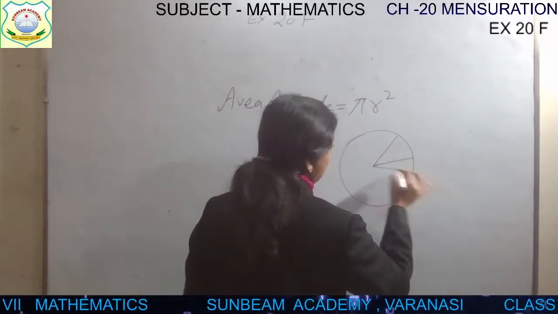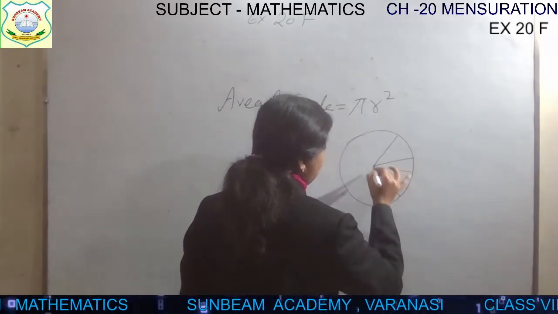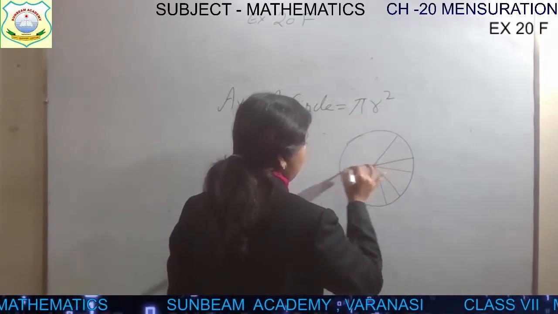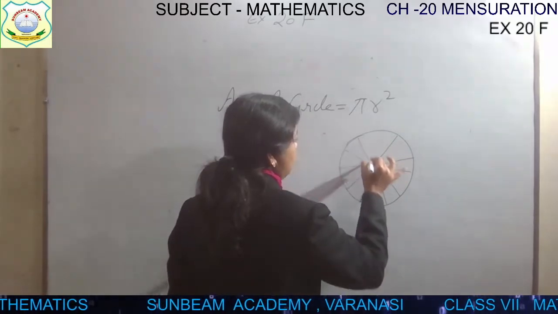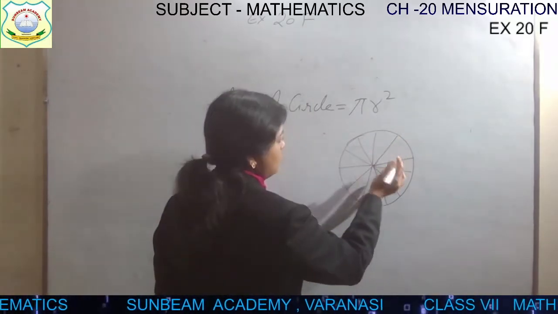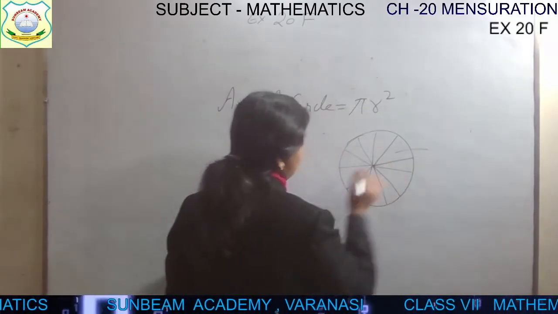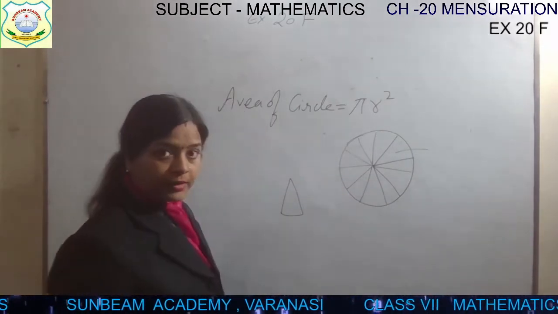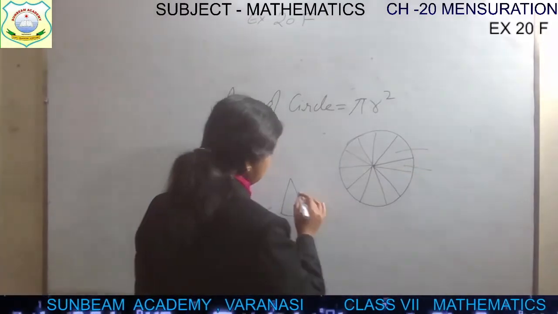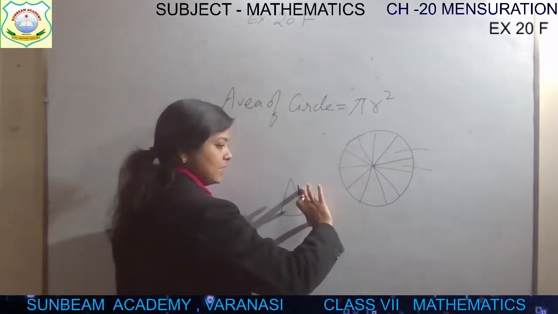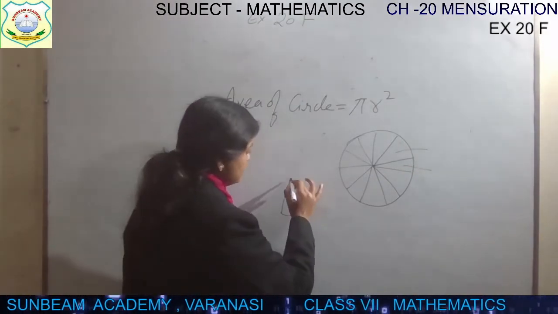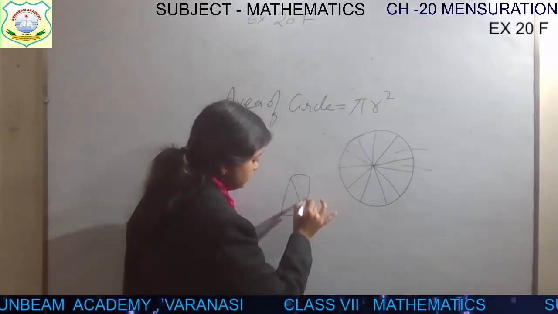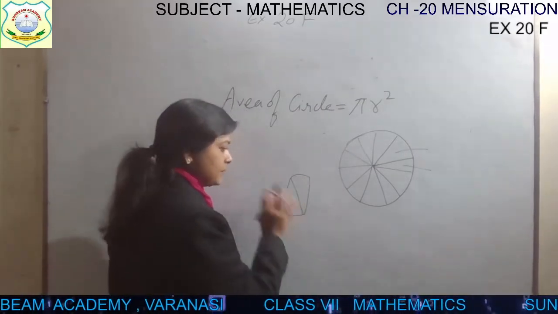In this way, they have divided it into various sectors, and now they have taken them out one by one. Take out this one, so you will get the sector in this way. Now take another sector and arrange it side by side, but keep it upside down.